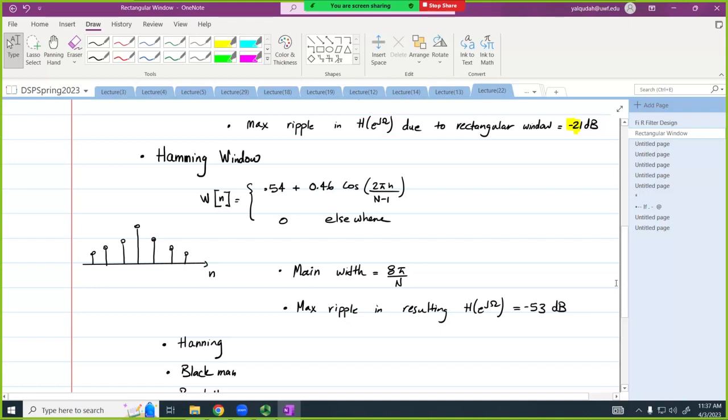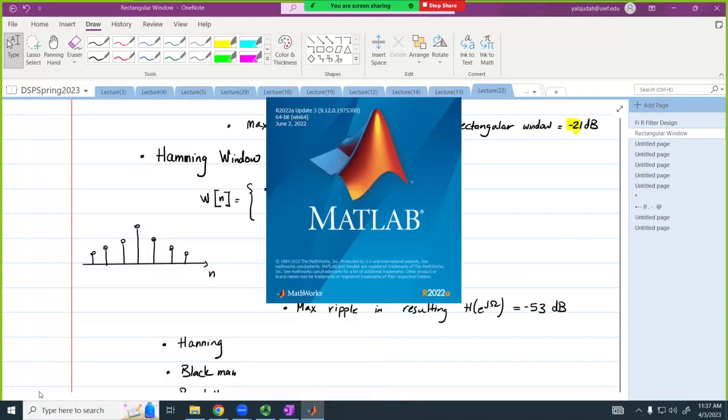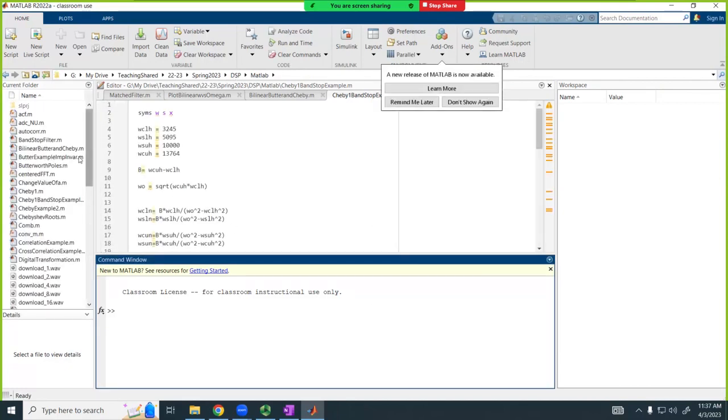So let's look at some MATLAB and plot these windows and see how they look. And then we're going to see how these windows will impact the design of the filter, and that is what we are interested in.